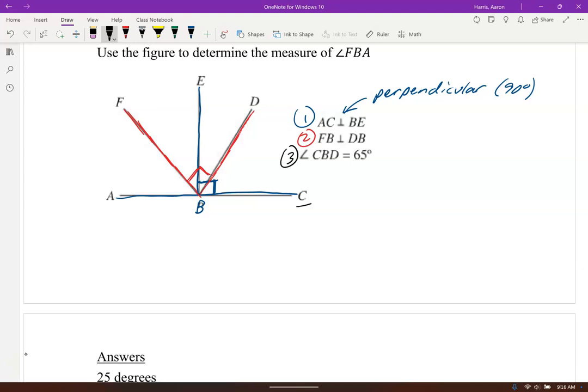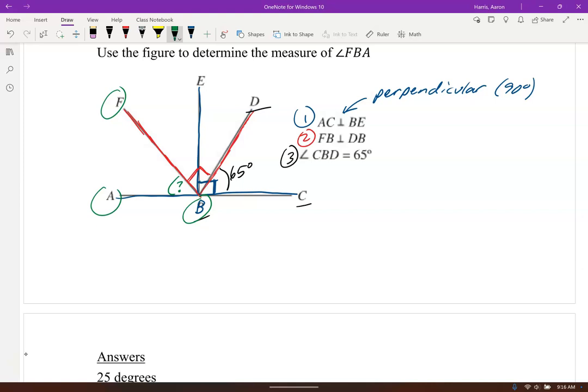So I'm going to go from C to B to D. CBD, so this angle right here is 65 degrees. Find the measure of FBA. So they want this measure right here. What's this measuring as a question mark?